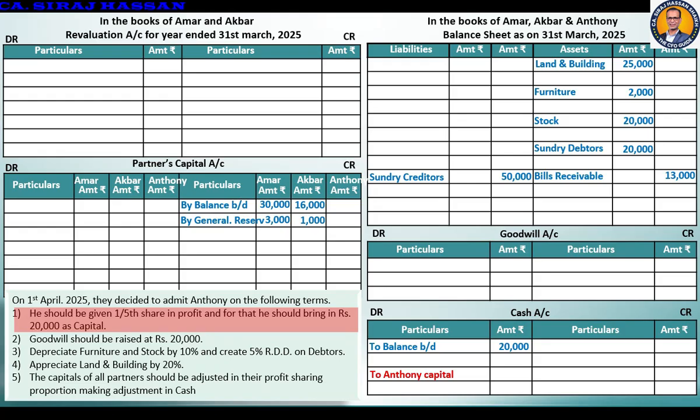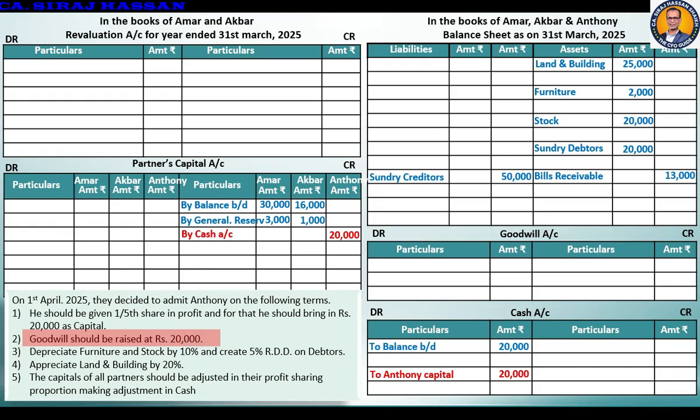So the journal entry should be: cash bank account debit to Anthony's capital account. So on the cash debit we wrote to Anthony's capital account, and on Anthony's credit we wrote by cash account.